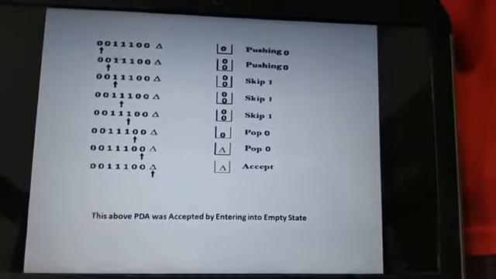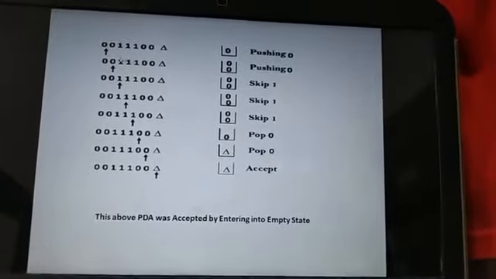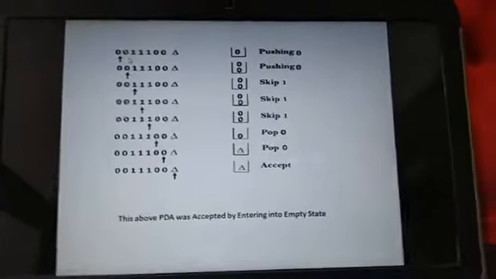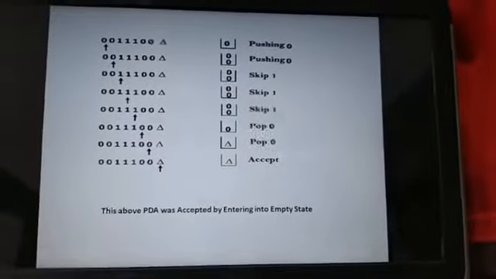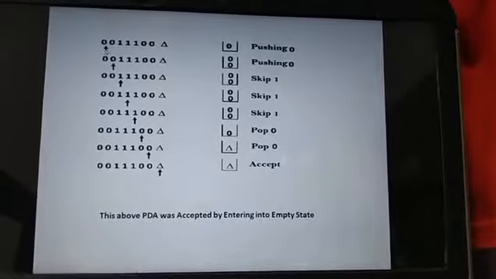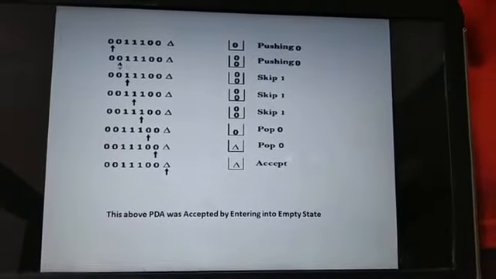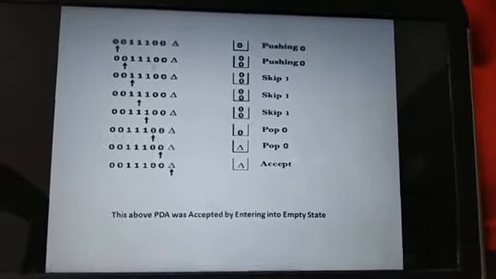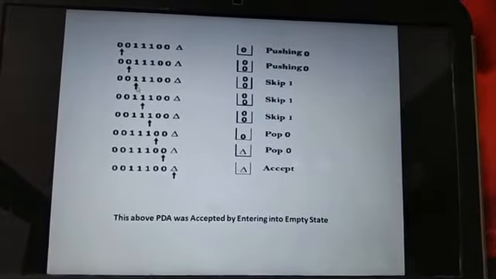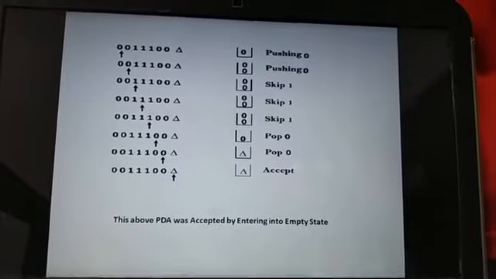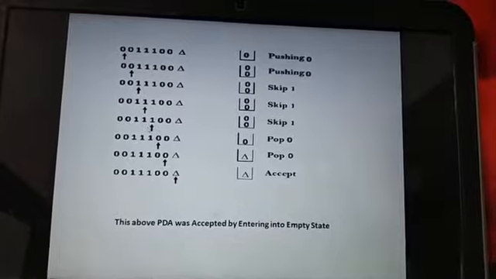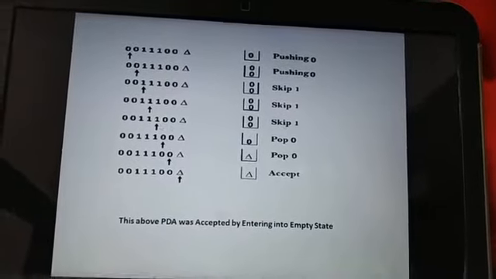Now let us discuss this in a more elaborate form. You can see a string 00 111 00. First, after encountering 0, push it onto the stack. Then after encountering the second 0, push it onto the stack. So there are two zeros present there. After encountering 1, skip 1. Then after encountering the second 1, skip 1. The same procedure is adopted after encountering the third 1.